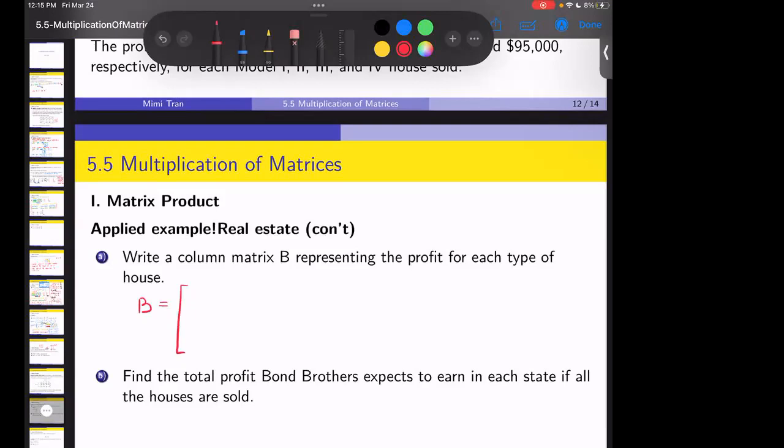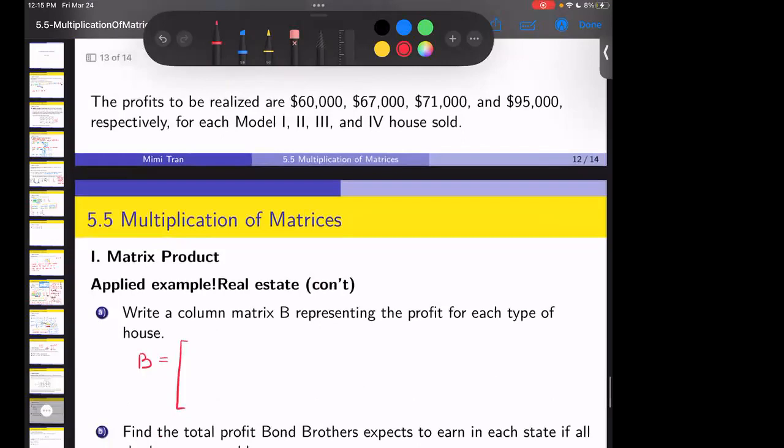Many rows, 1 column. For the profit of each type of house, the profit is what? 60,000 there, 67,000, 71,000, and 95,000. That's it. That's all they want you to do.